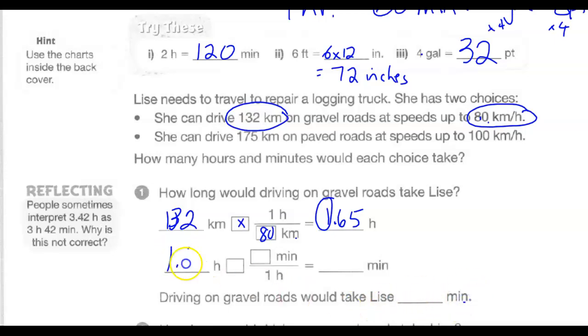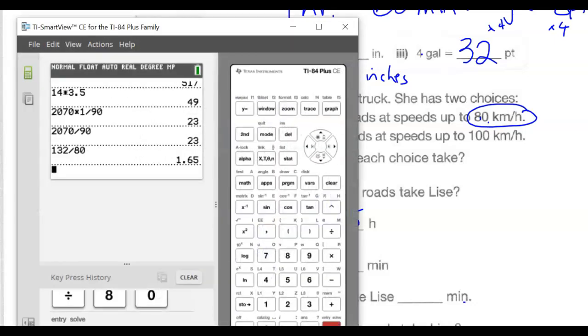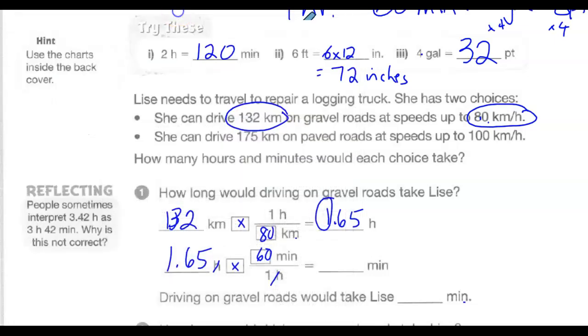So we'll take the 1.65, and remember there's 60 minutes in an hour. So the hours divide out, and we get 1.65, which is still in our calculator, multiplied by 60. And that's 99 minutes.